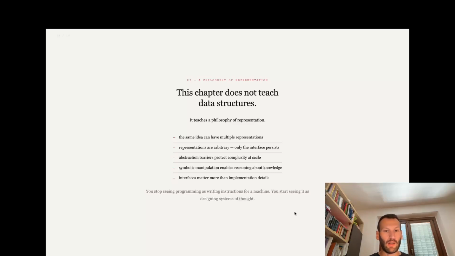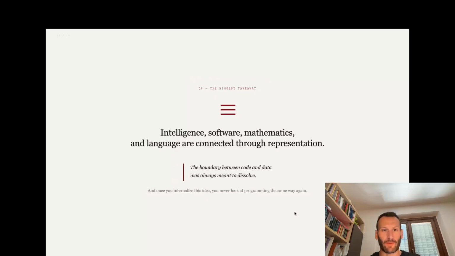And if you internalize these five concepts, you stop seeing programming as writing instructions for a machine, and instead you start seeing programming as designing systems of thought, designing systems of knowledge.